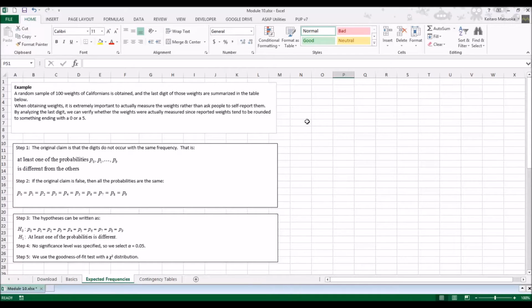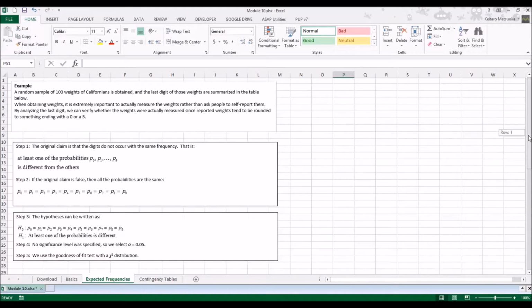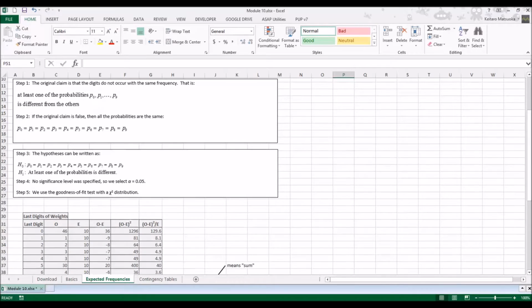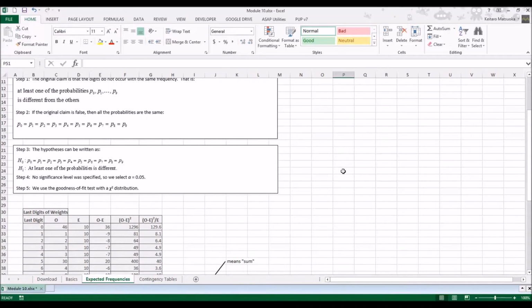So in writing the hypotheses, the null hypothesis is that all the probabilities are the same. The alternative is that at least one of them is different. Since we don't have a significance level, we're going to use 0.05 as alpha, and we'll use the chi-square distribution. So here's the table.